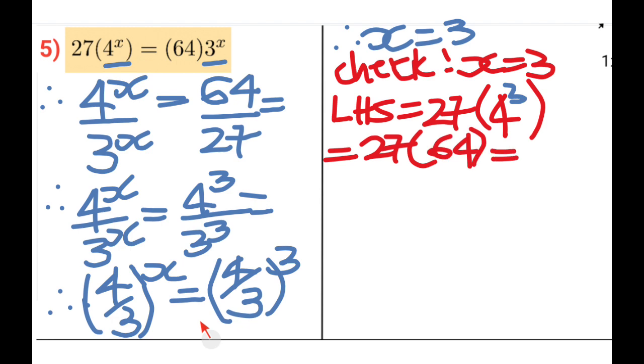So 27 times 64, take out the calculator, that is equal to 1728. That's on the left hand side.